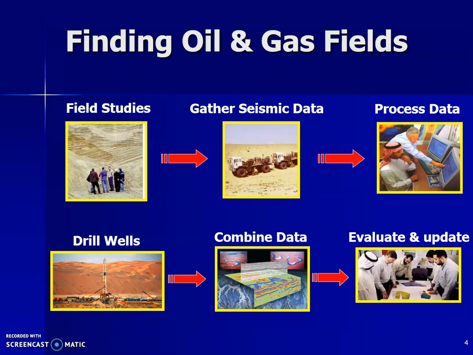So all these come together to do some initial field studies, and then the next step is to acquire, process, and interpret these data. So geoscientists design detailed 2D, 3D seismic programs, which we will talk about, how the seismic works and what exactly a seismic study is.